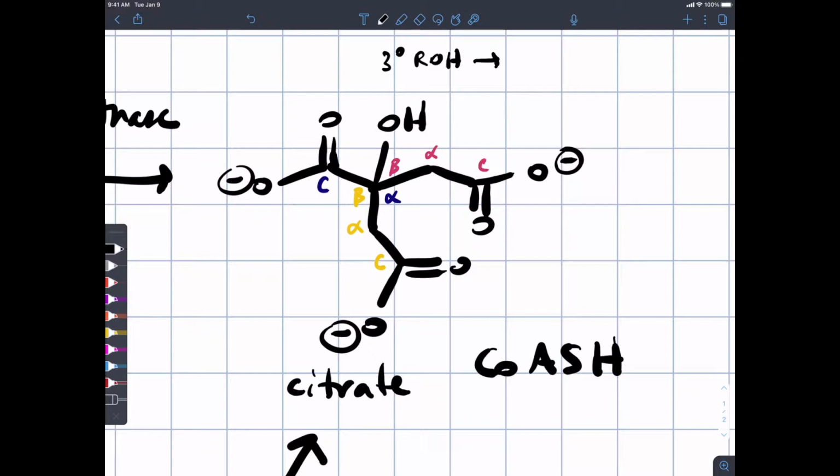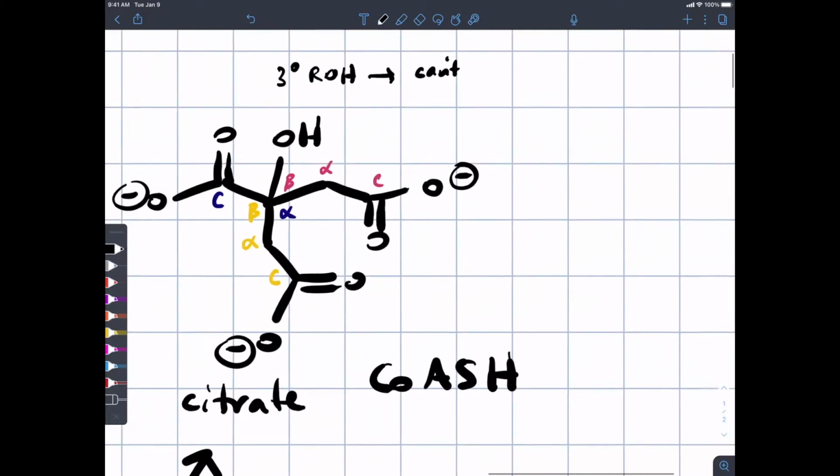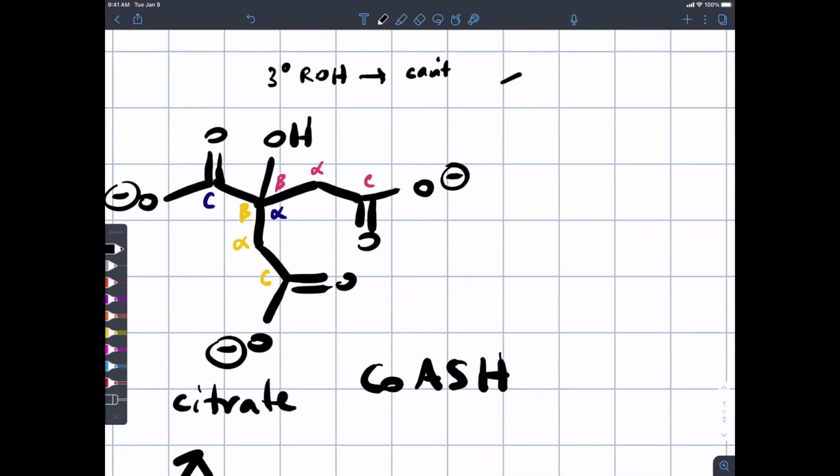And can you oxidize a tertiary alcohol? Nuh-uh. The reason is that the oxidation reaction mechanism in biology for alcohols involves a base removing this proton, and then a hydride with its electrons gets delivered to NAD+, right?